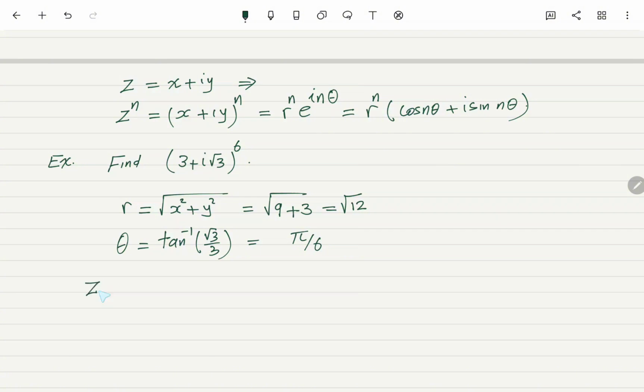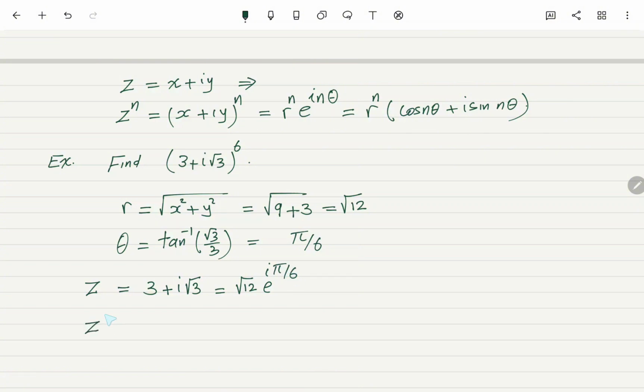Therefore, z here equals 3 plus i square root of 3, which equals square root of 12 e to i pi over 6.